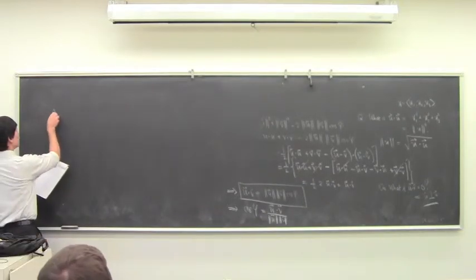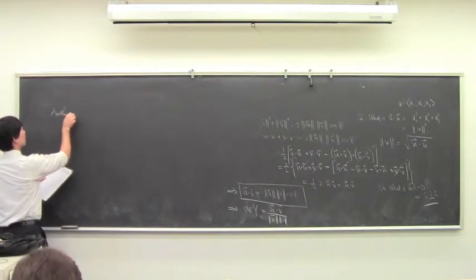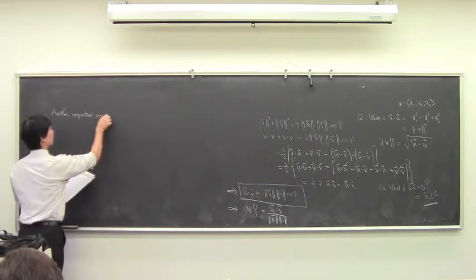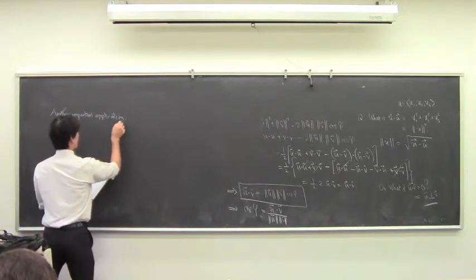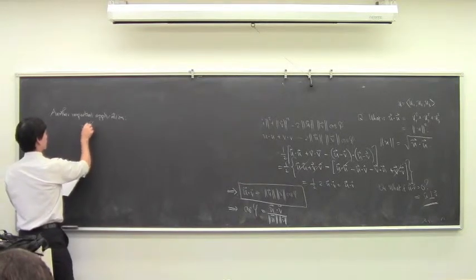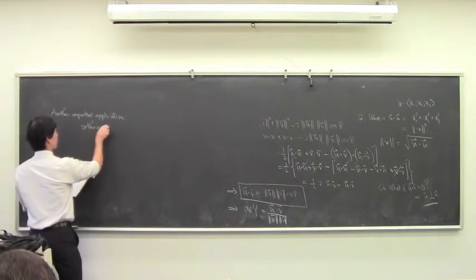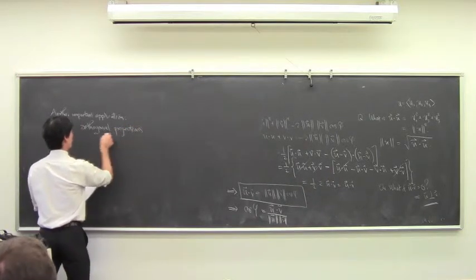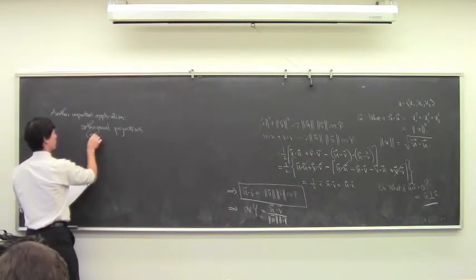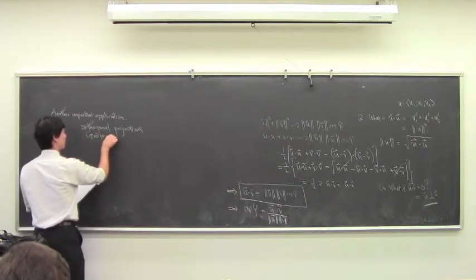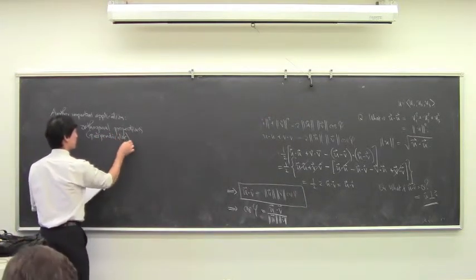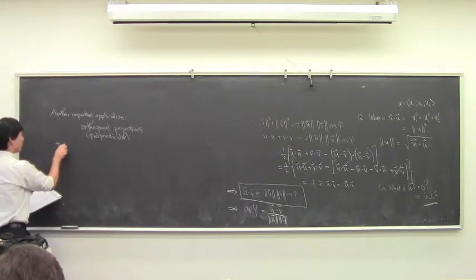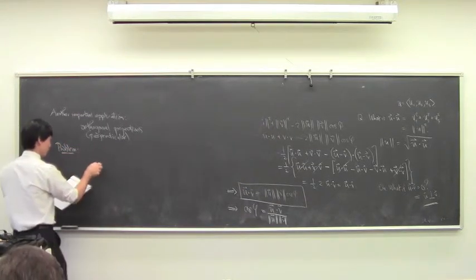Okay. Another important application of this is the notion of orthogonal projections. Orthogonal means perpendicular, if you don't like the word orthogonal. So here's the problem that we'd like to deal with.